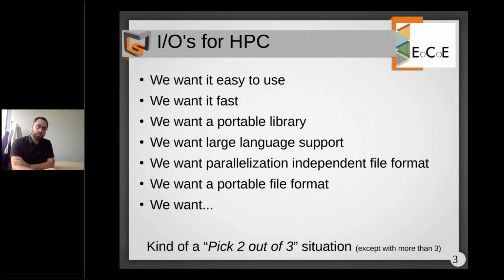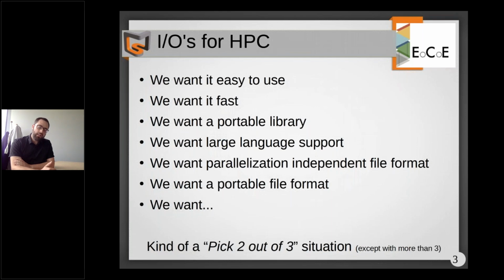So we want the files to be accessible from both languages. We'd like ideally a file format that is independent of the parallelization we use for the execution. We'd like the file to be portable from one architecture to the other. We don't want to only be able to use the file on the architecture where we generated it. And there are many more requirements actually.